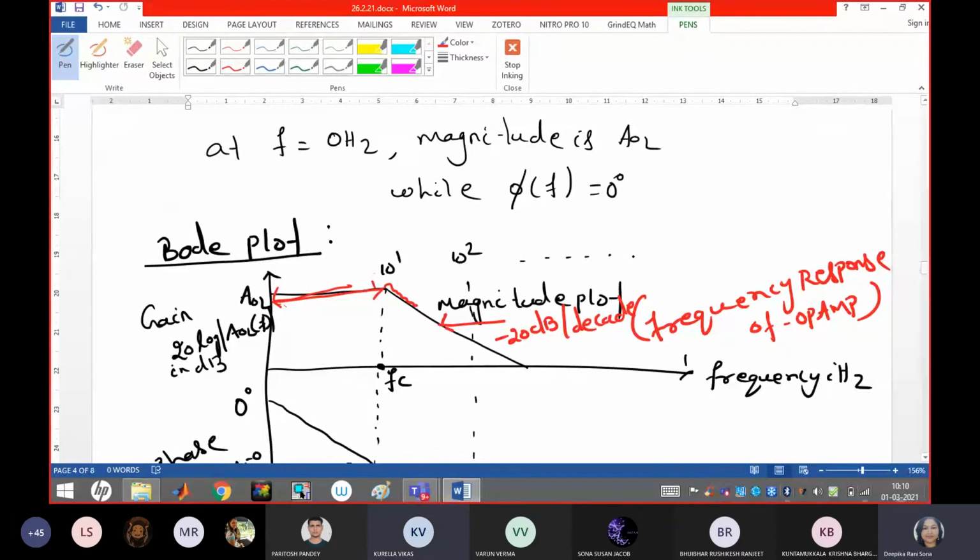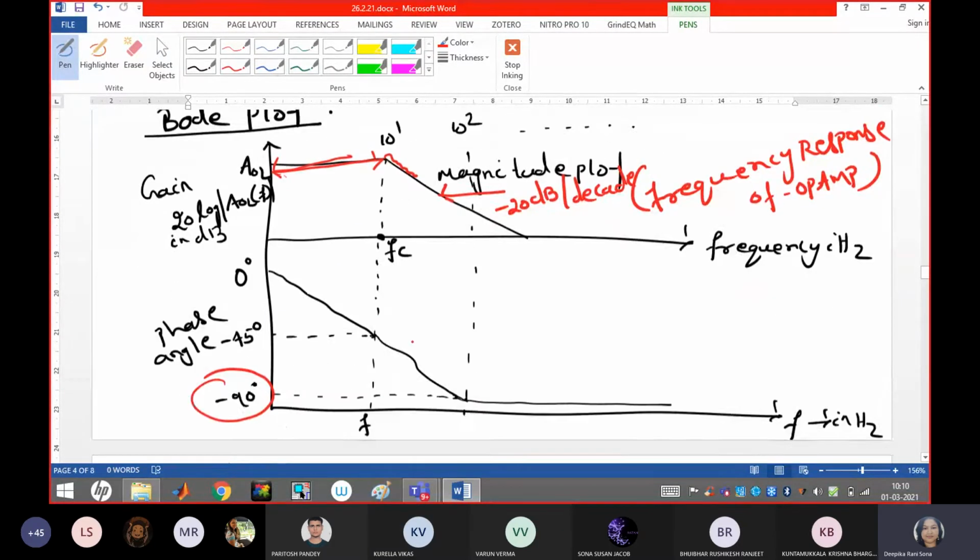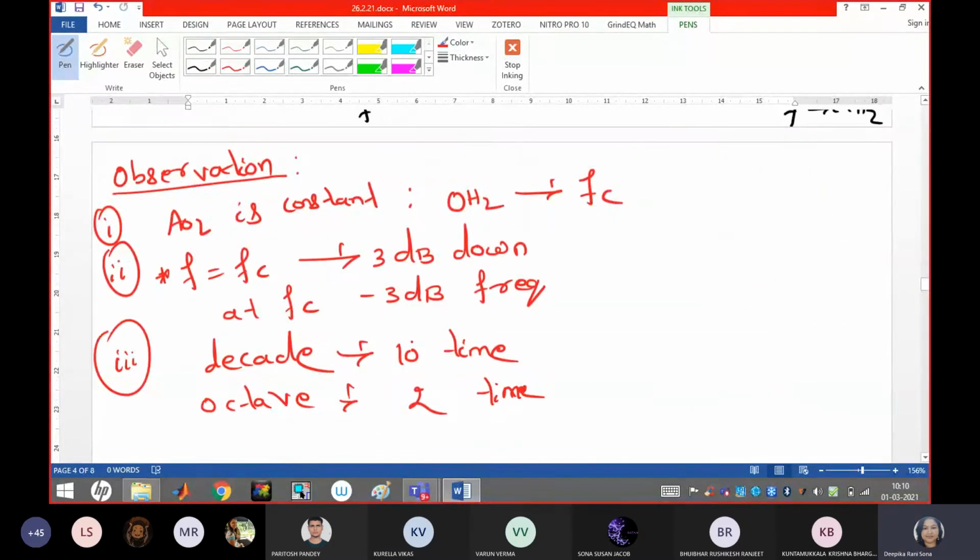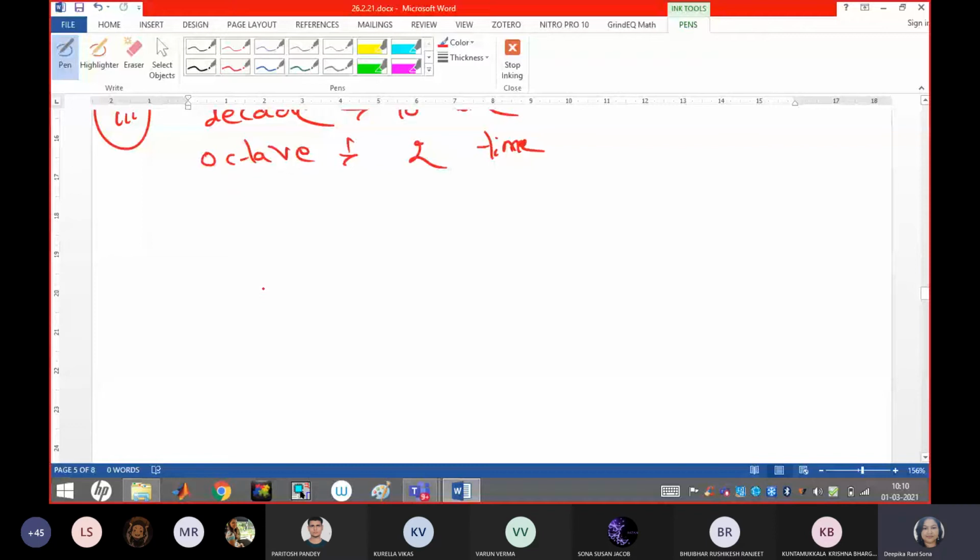Okay guys, the next one is the slew rate. This is the second characteristic which comes under the AC characteristics of the op-amp. The definition of slew rate says it is the maximum rate of change of output voltage with respect to time.